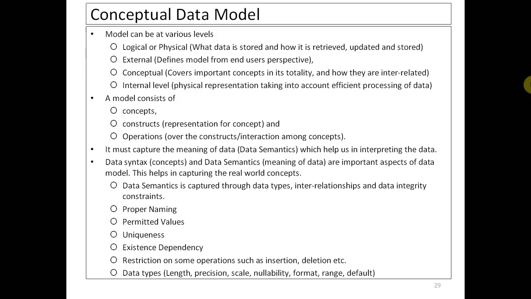All these things together form data semantics, which is understanding the meaning of data through data types, interrelationships, and data integrity constraints.